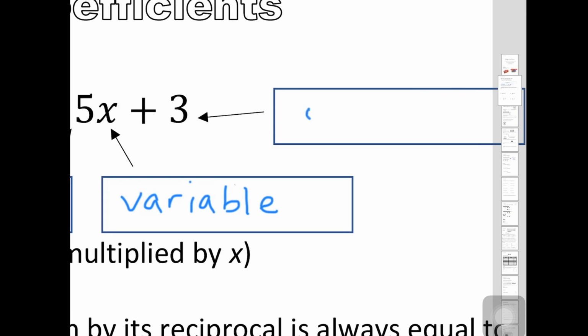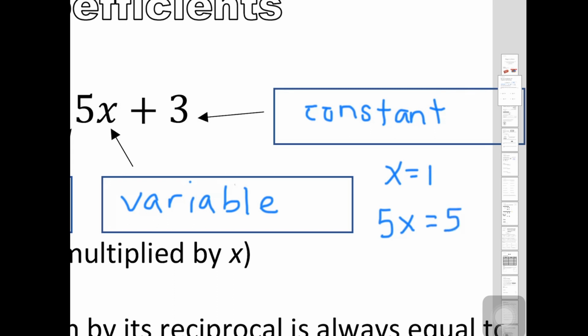Over here, we have a 3, and this is called a constant. The reason it's called a constant is because it doesn't change. If you change the value of x, the 3 is still a 3. So if I say x is equal to 1, then this term here would be equal to 5 because 5 times 1 is 5.